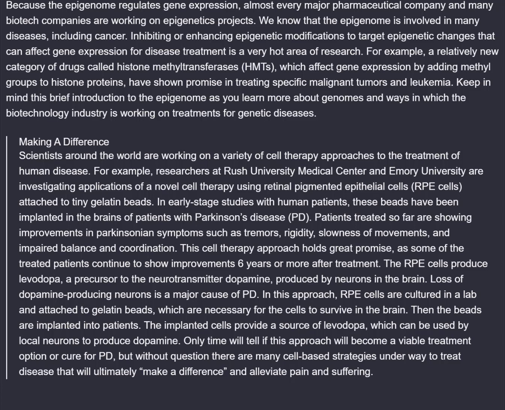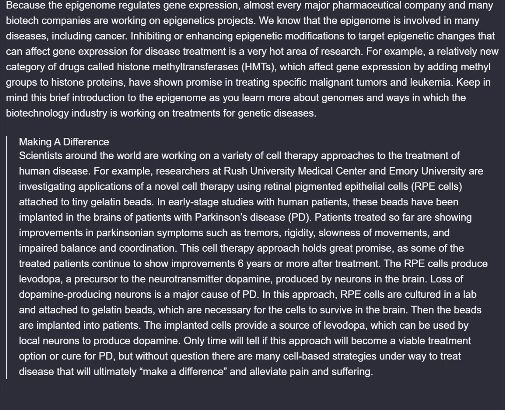Because the epigenome regulates gene expression, almost every major pharmaceutical company and many biotech companies are working on epigenetics projects. We know that the epigenome is involved in many diseases, including cancer. Inhibiting or enhancing epigenetic modifications to target epigenetic changes that can affect gene expression for disease treatment is a very hot area of research.